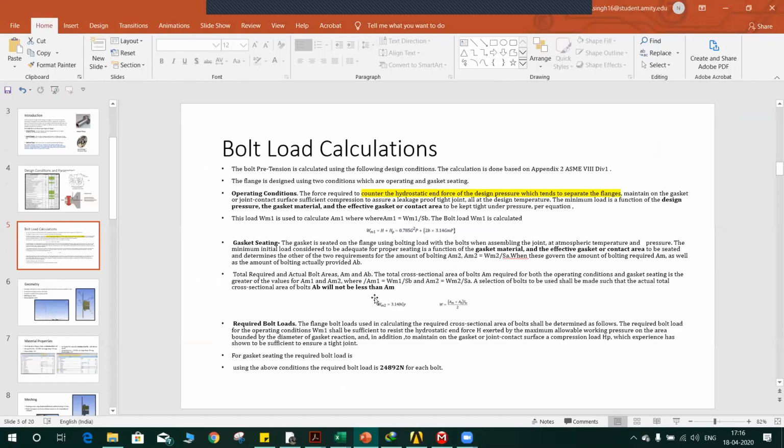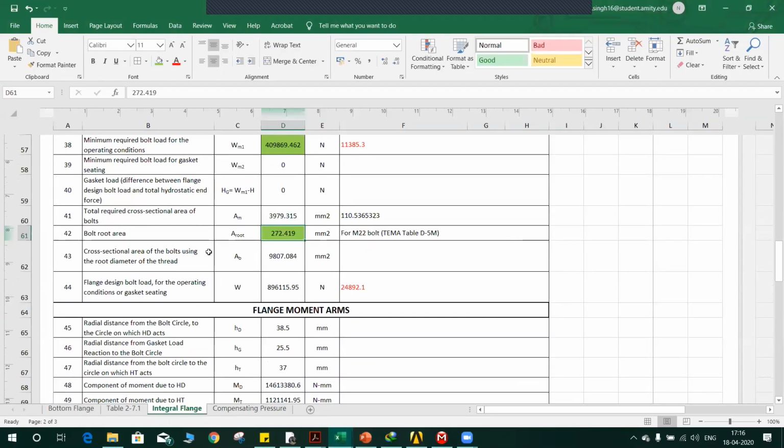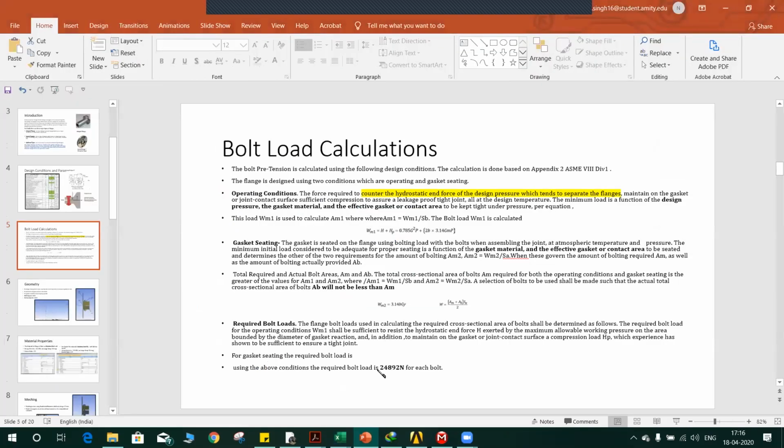So I don't need this WM2 here because my gasket is self-energizing. So again, my flange design bolt load comes to be 896,000 newtons, and divided by 36 bolts, for each bolt I need a pretension of 24,000 newton. This is the same amount of load which I will be applying in my FE analysis.